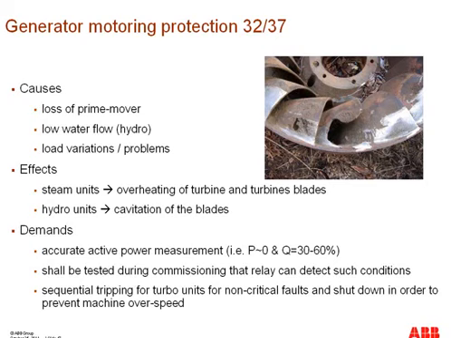In hydropower plants, it could be the low head of the water level, as well as some load variation, that can cause motoring action of the generator. Its effects are overheating as well as damage to the turbine blades.